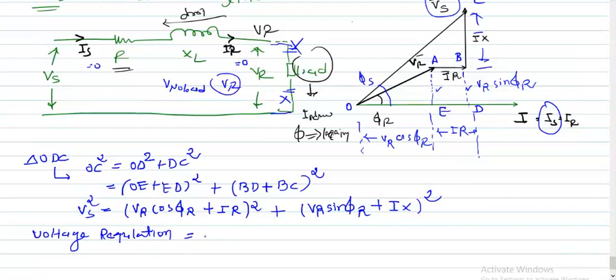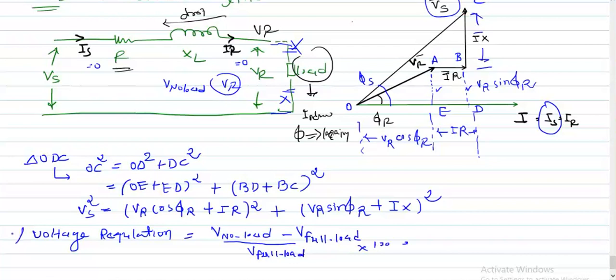So the equation for voltage regulation is V no load minus V full load, divided by V full load, multiplied by 100, as a percentage voltage regulation.